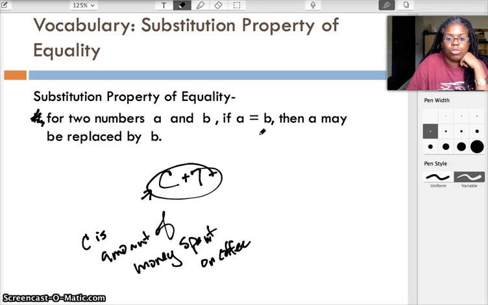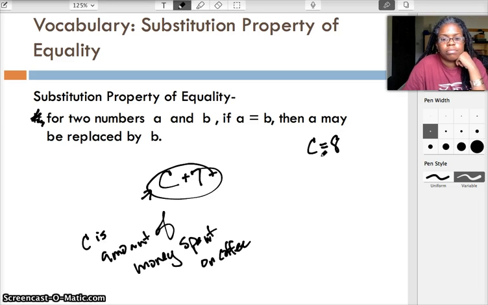What if I then told you that C is equal to $8, right? What this property gives me the ability to do, it says anytime I know that some number, I've got these two things that are numbers, if they are equal, like we see C is equal to 8, I can now rewrite this expression by replacing C with 8.